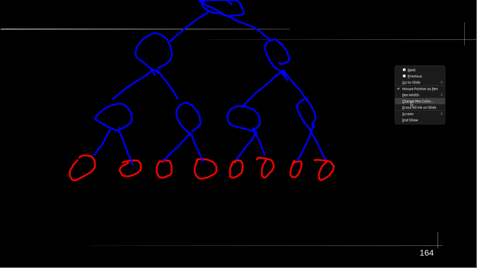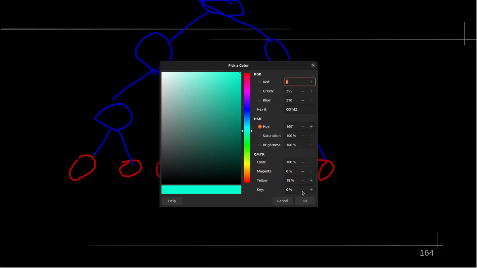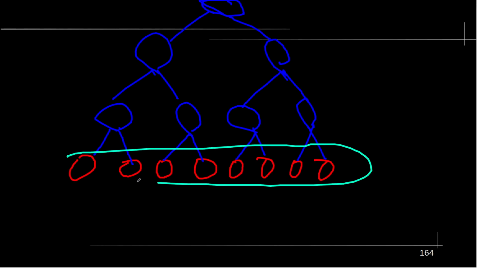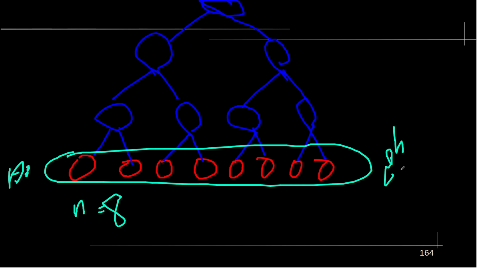The last level contains, as you see, the elements of the original array. So I have 2 power h minus 1 nodes on the last level.